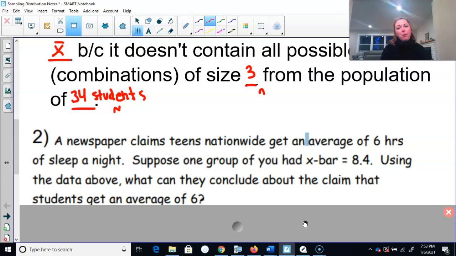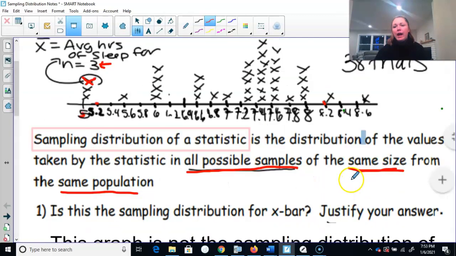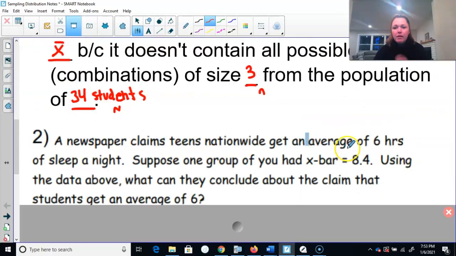Let's actually, instead of saying 8.4, because no one had 8.4, say that looks like it might be 8.7. Okay, suppose one group of you had an 8.7. We're changing it just to work with our data a little bit more. Using the data above, what can they conclude about the claim that students get an average of 6 hours of sleep a night?